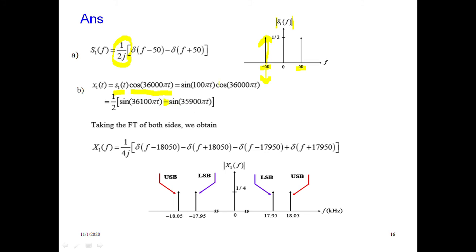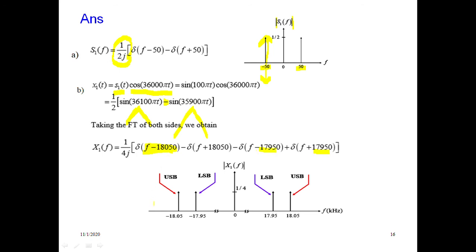Then we have right now sine 36,000 modulated. This sine will generate 2 deltas, and also this one 2 deltas. This is the value of F, dividing 36,100 by 2, and this one from the second part.